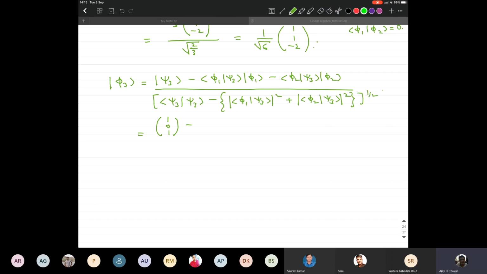So it is like 1 over root 3 whole square. 1 over root 3 is coming from phi1. So that is going to lead us to 1, 1, 1.